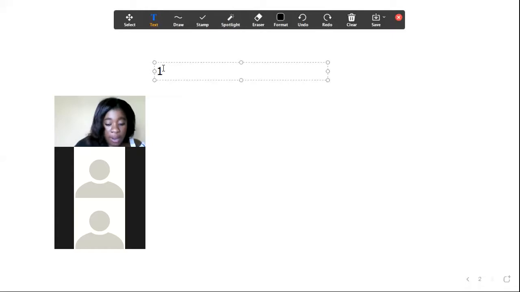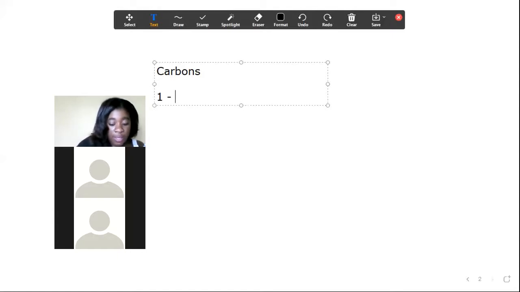So let me put it up. So number of carbons, if you have 1 carbon, the prefix is gonna be meth. If you have 2 carbons, the prefix is going to be different, which is eth.